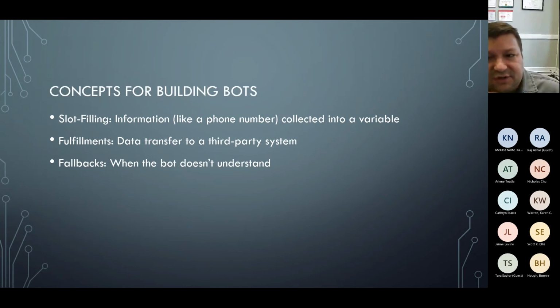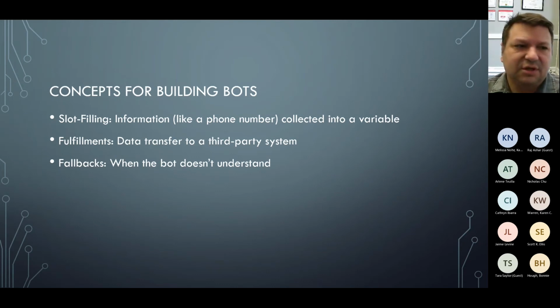Slot filling is a feature for collecting information like a phone number or a name and storing it for use again later. It could be used in a conversation, like if you want the bot to ask somebody their name and then later on address them by their name in the conversation, or it could be used to collect information to be sent to an external system, which is what a fulfillment is.